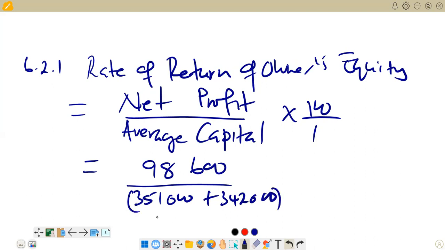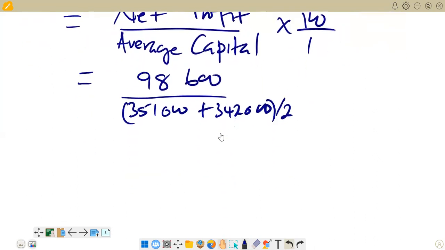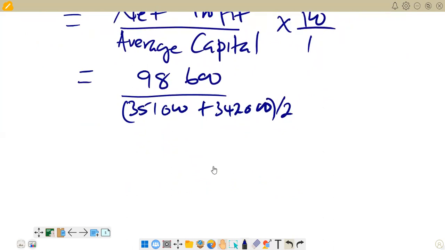Then the total that we get there, we are going to divide by 2. So we just do as such, and then we calculate that, and we are going to get 28.46%. Rounded off to 2 decimal places, you get 28.46.